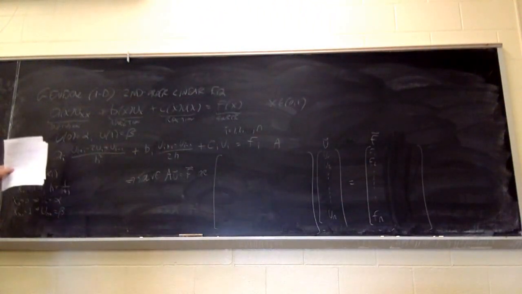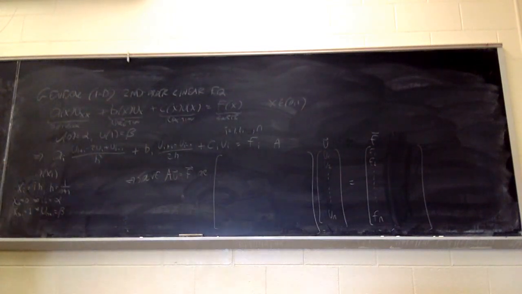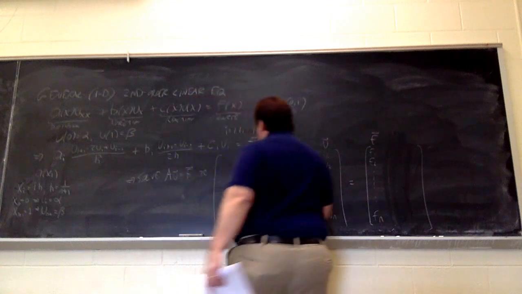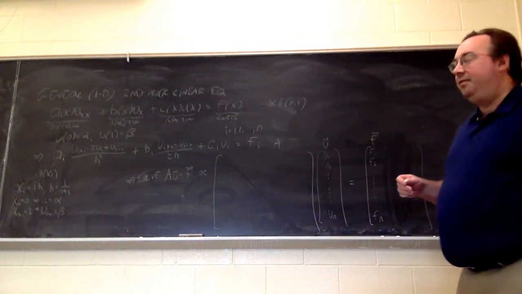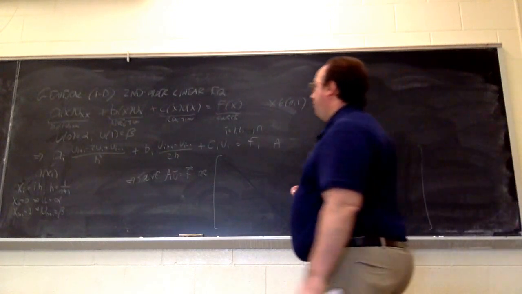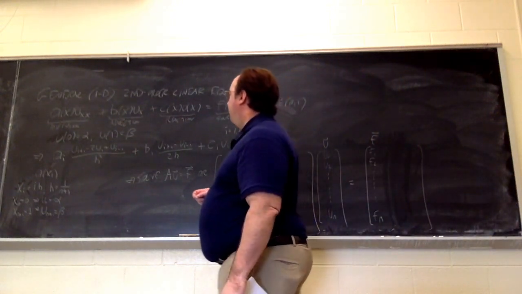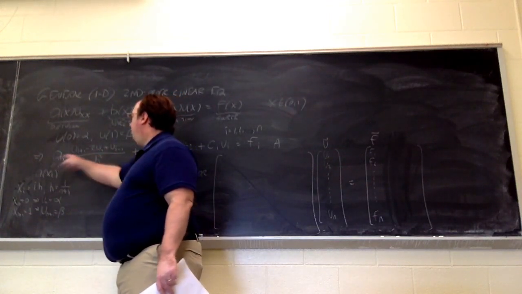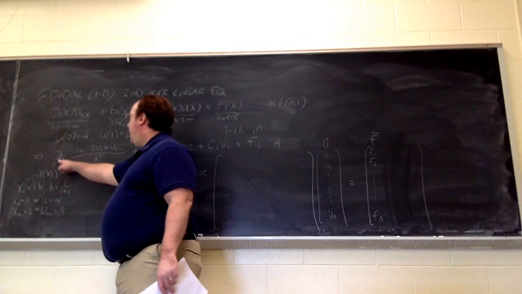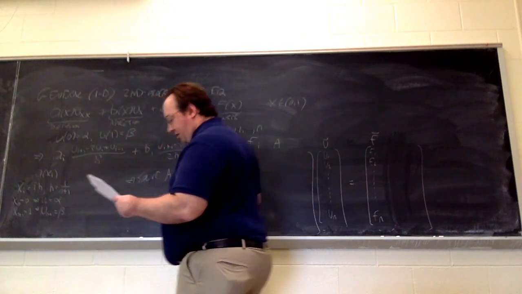So if we go through all of these terms and see what is multiplying ui, then we'll just put those entries along the diagonals, starting with i equals 1. So for instance, what's multiplying u1, we're going to have minus 2 a1 over h squared.